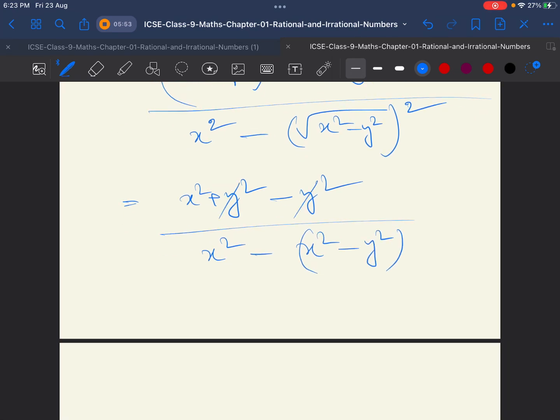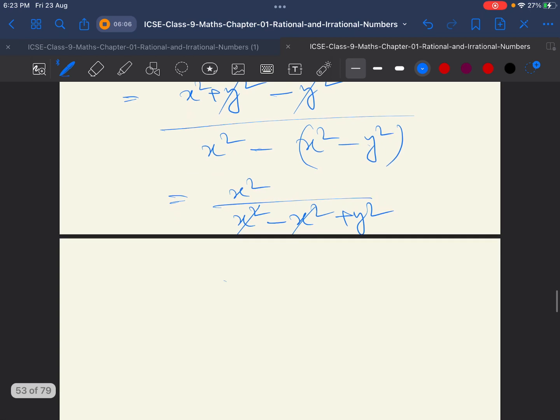Okay, now y square minus y square cancel. Here you see x square by x square minus x square minus plus y square. So plus x square minus x square cancel. So x square by y square.